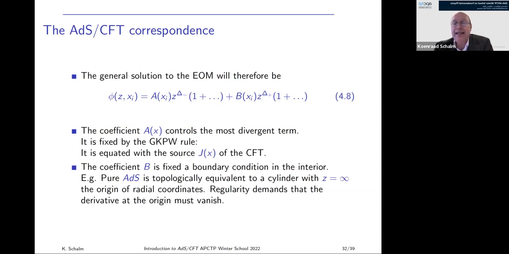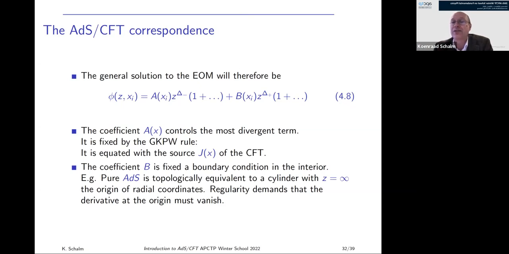Remember that AdS is topologically equivalent to a cylinder, and the point z equals infinity, that's the deep interior, very far away from here, is the center of the cylinder, but that's actually not a special point at all. Even though z is infinity and things look like they diverge, in principle, I can choose different coordinates and continue right through the center of my cylinder.